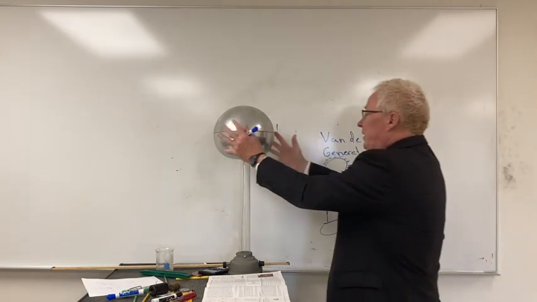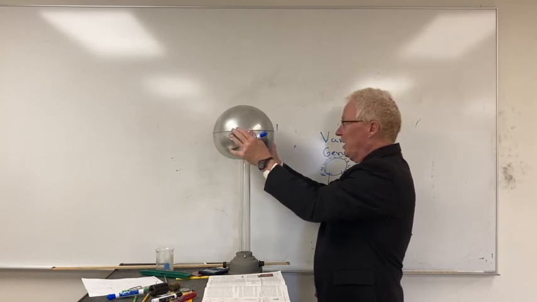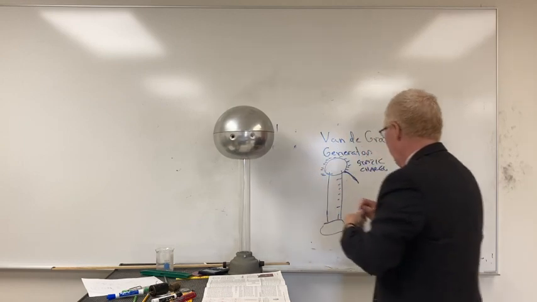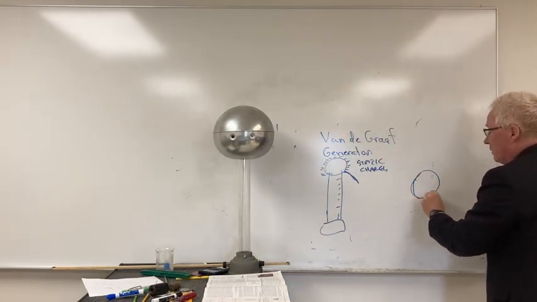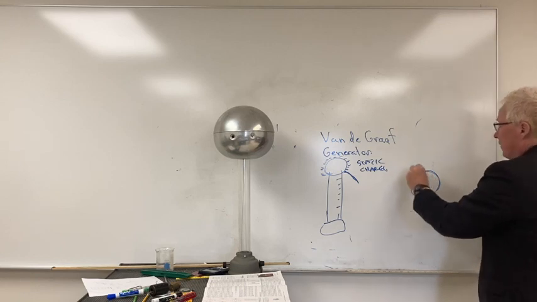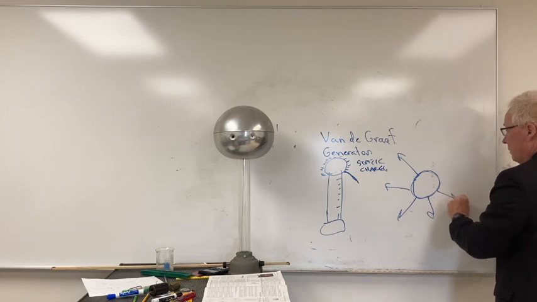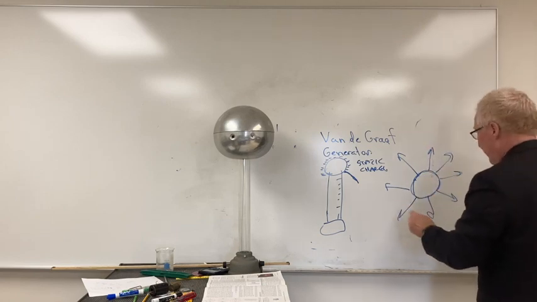So the charge here stays all the way on the outside. Outside, around this ball of charge, the electric field goes straight out from the center, much like a point charge.